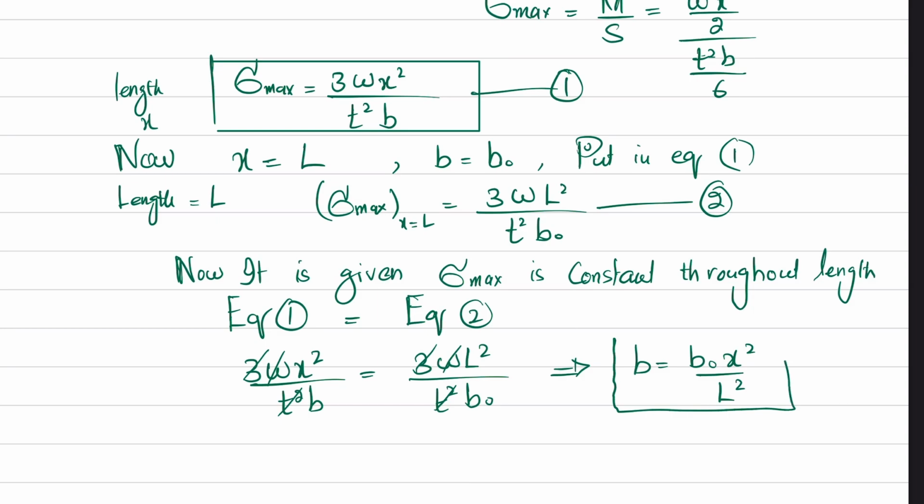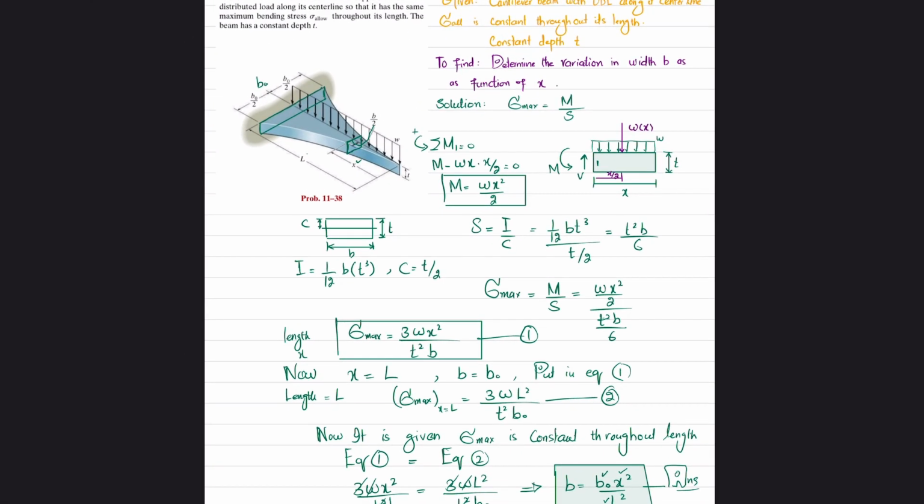So this is the answer, that B is a function of x: B is equal to B naught into x square over L square. If you have B naught, x, and the total length, you can find this width B across any length.